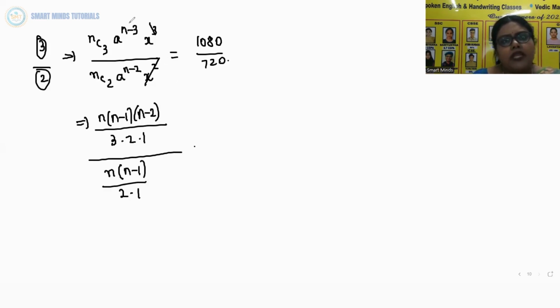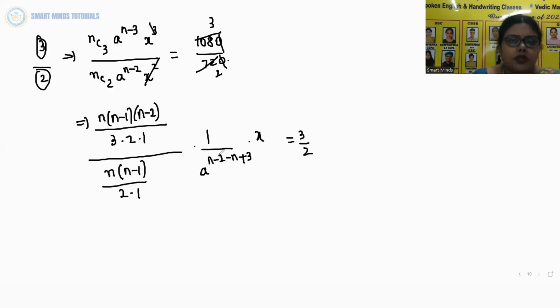Then the a power gives 1 by a. 720 twos are 1440, 1080 is 3 by 2. n and n cancel, n(n-1) and n(n-1) cancel, 2 into 1 and 2 into 1 cancel.